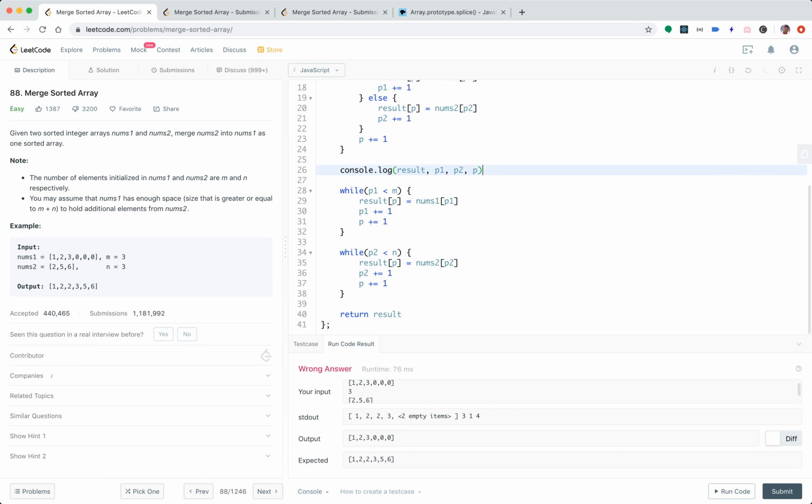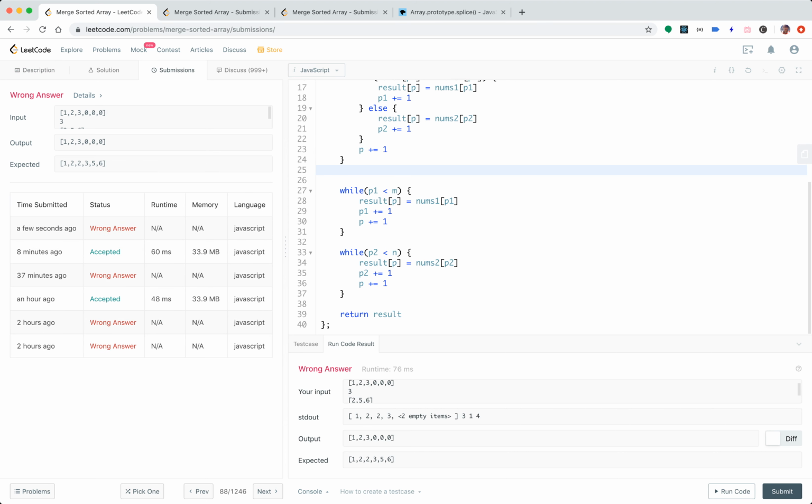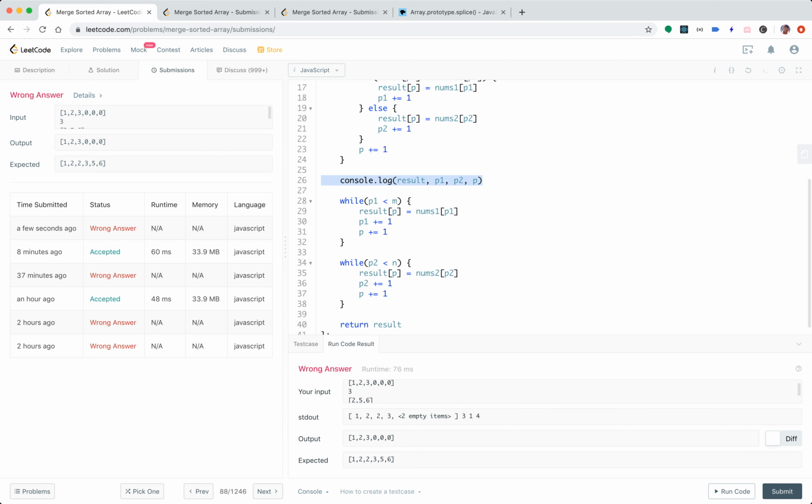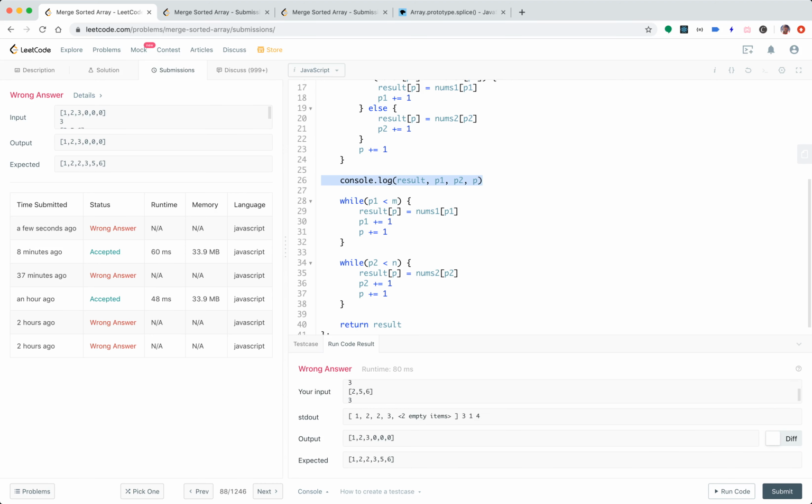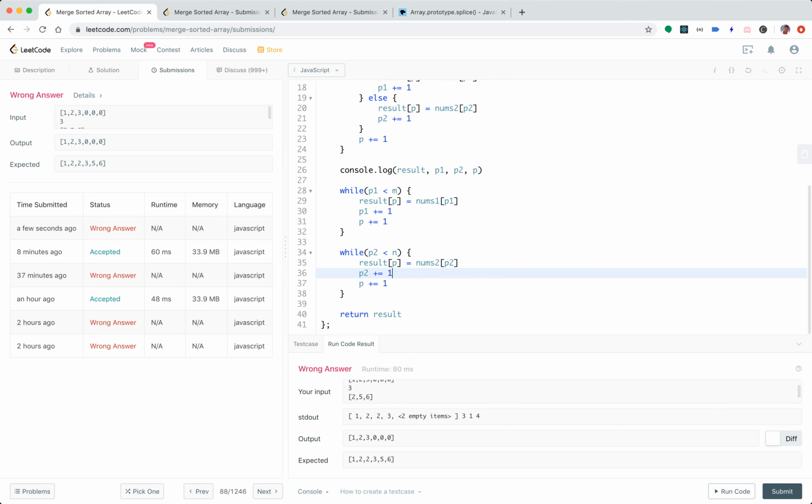My bad. Result p equals nums2 p2. I cannot find anything wrong here.